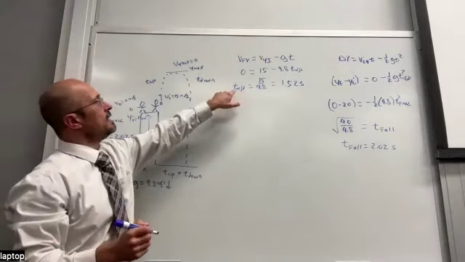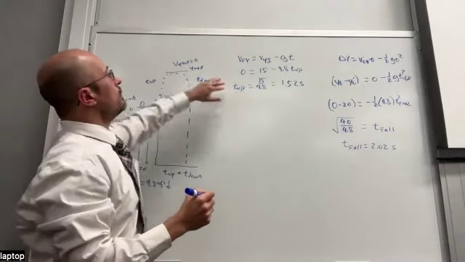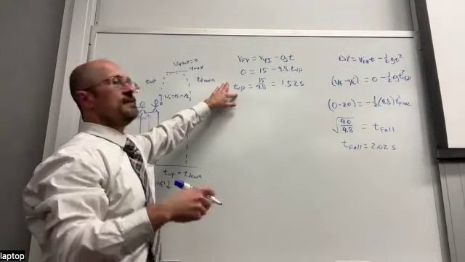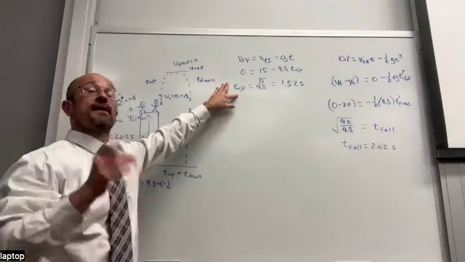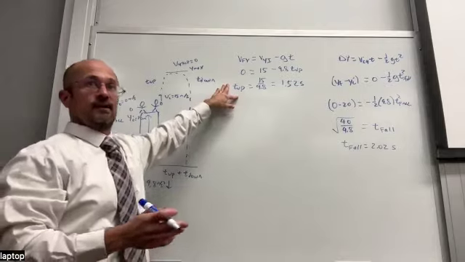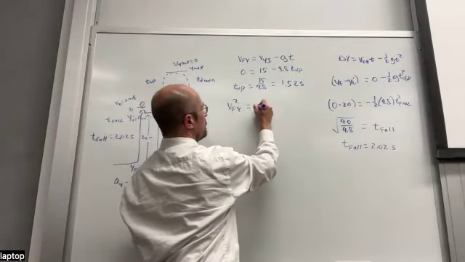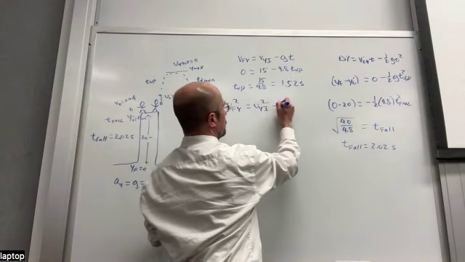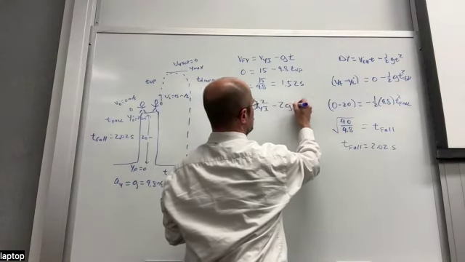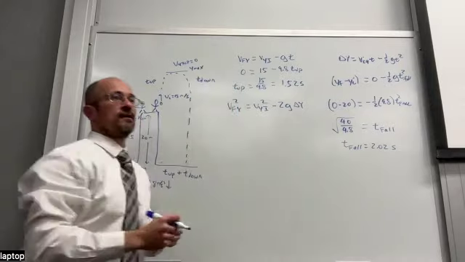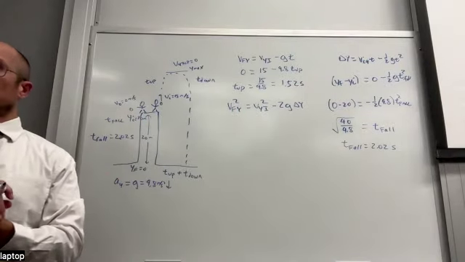Now, once we have t up, we can use this to find y max, or we can use the time independent equation. The time independent equation is probably safer, because we don't have to use our time if we got the time wrong.